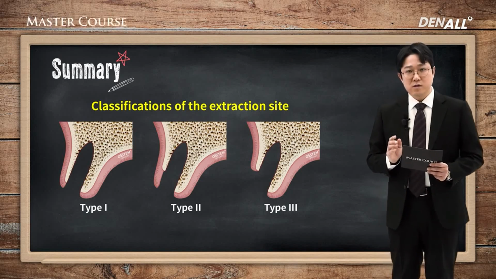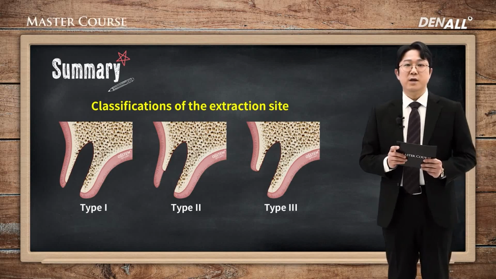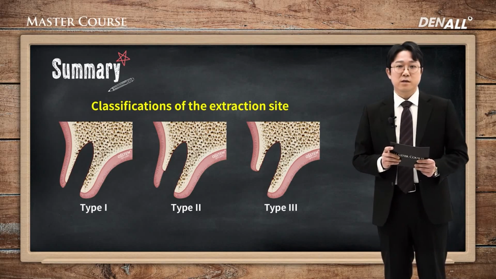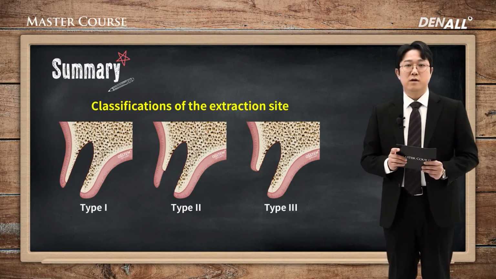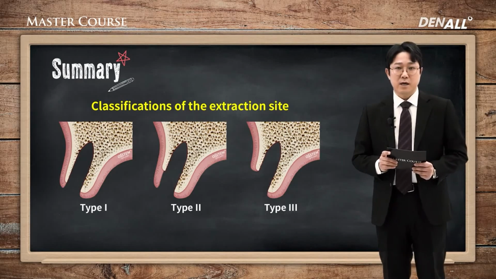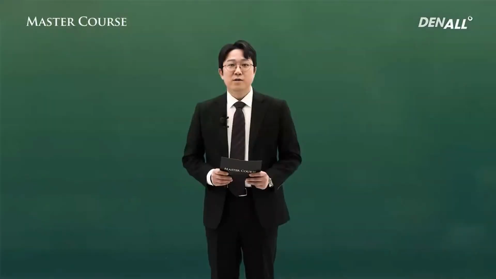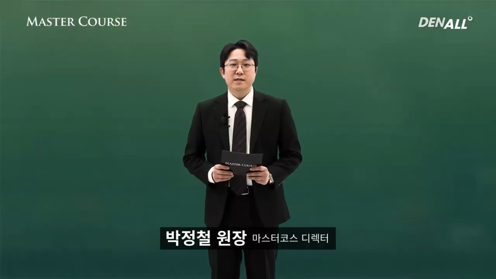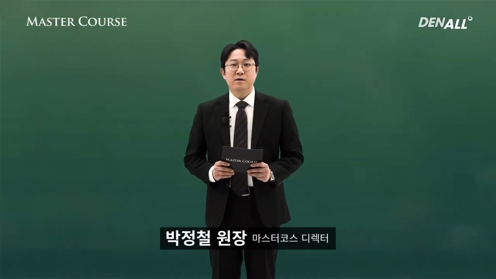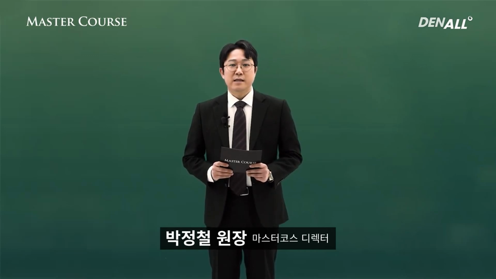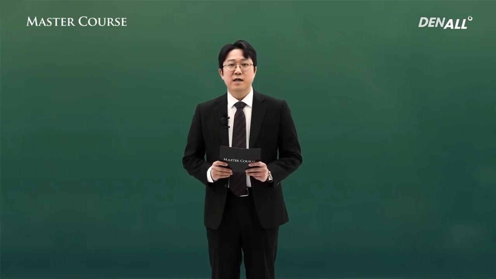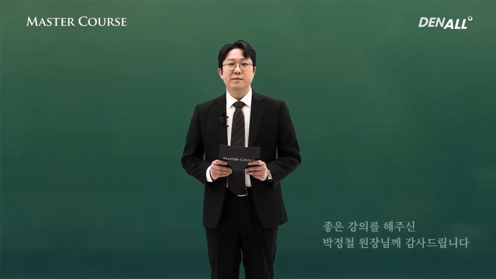And if you choose accordingly with the extraction socket shape and your surgical technique, I'm sure you'll be able to get good implant outcomes. I talked about the implant placement period and which method should be used. So I'm going to talk about how to come up with treatment strategies depending on different classifications. Please stay tuned. Thank you for watching.